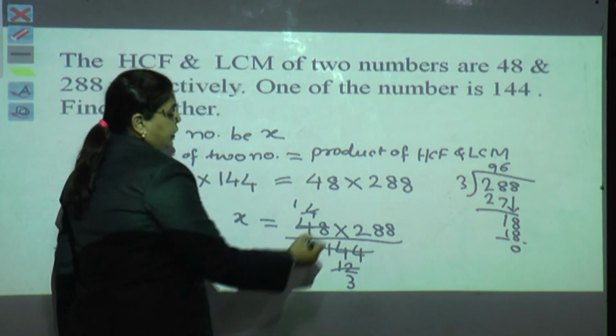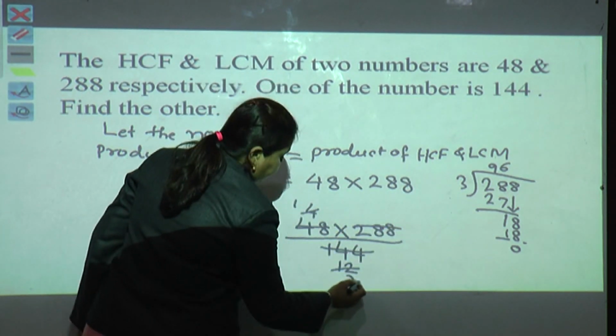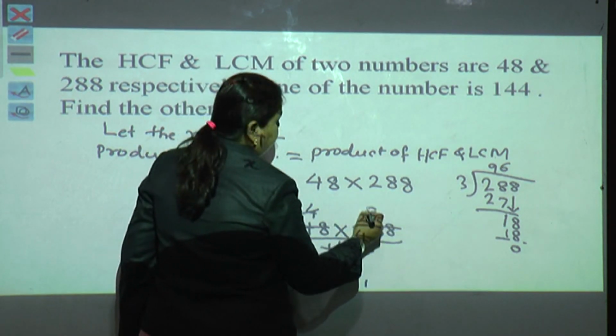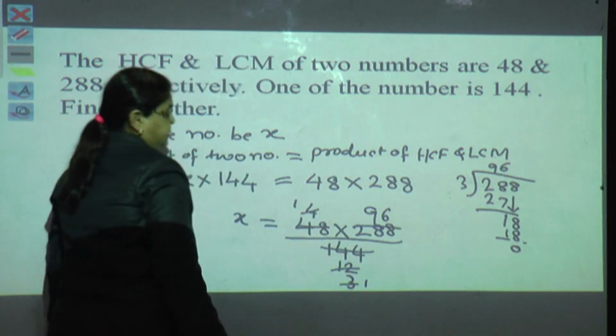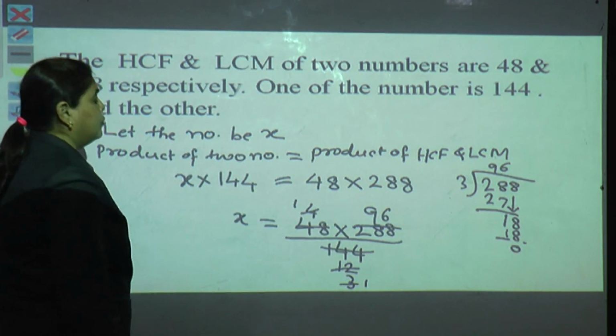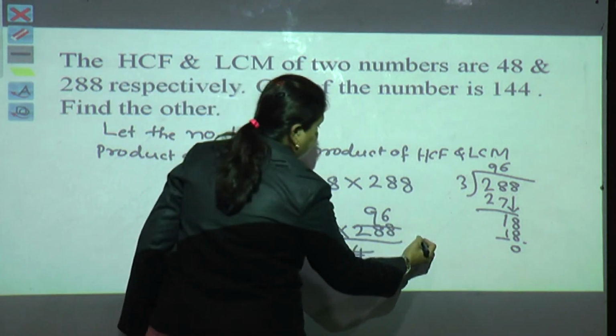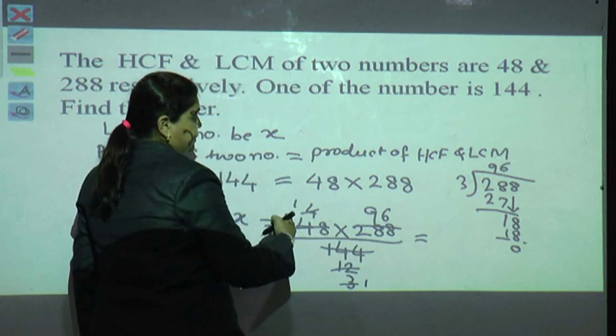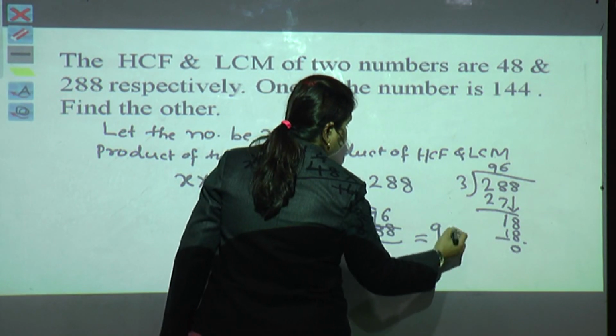So 3 1s are 3, 3 9s are 27, 3 6s are 18, and we get 96. So I write here 96 1s are 96.